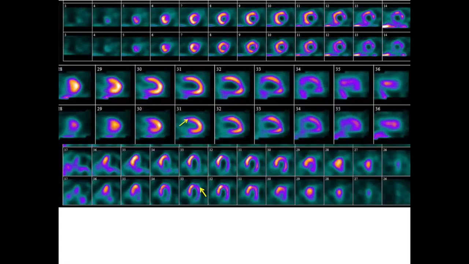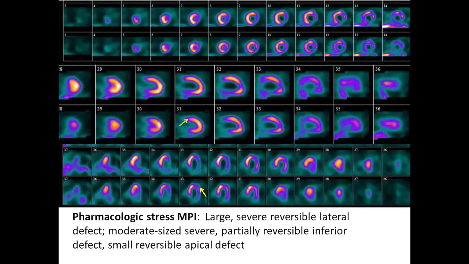And what you could see here is a large perfusion defect involving the lateral wall that partially reverses. In addition, there is a defect of the inferior wall that partially reverses, and a small anteroapical defect, an apical lateral defect that reverses, suggesting advanced and severe coronary artery disease.